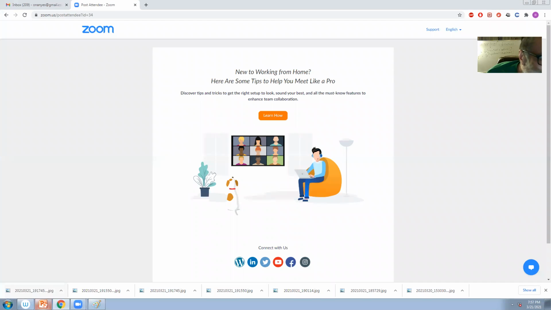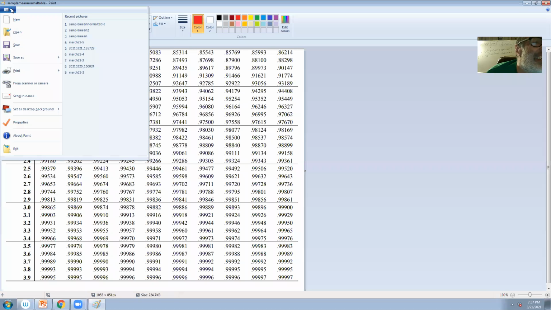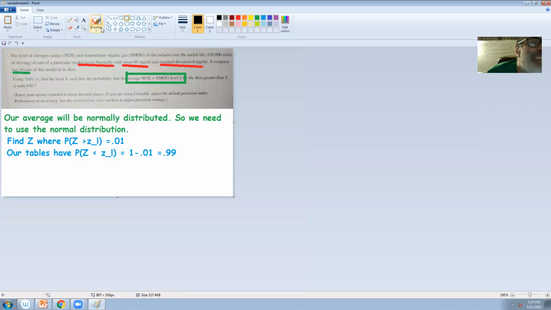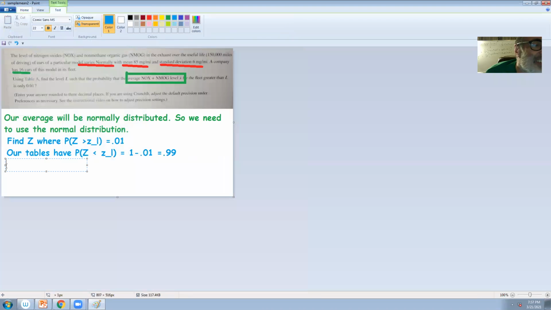So let's go back to our paint. Going back to this z, which I'm going to call it that, is 2.33.